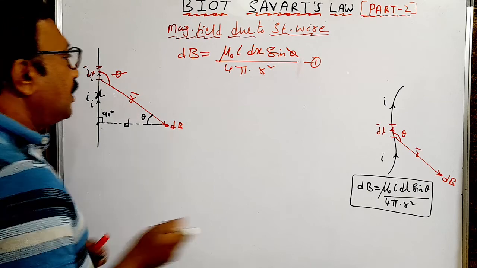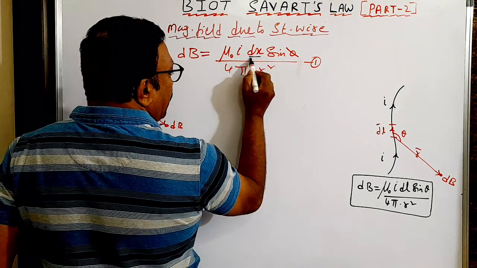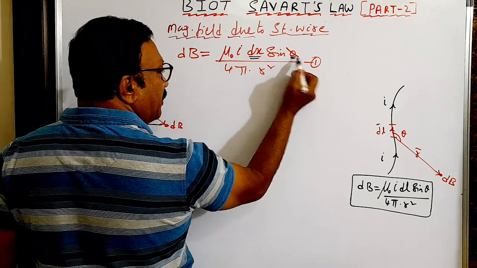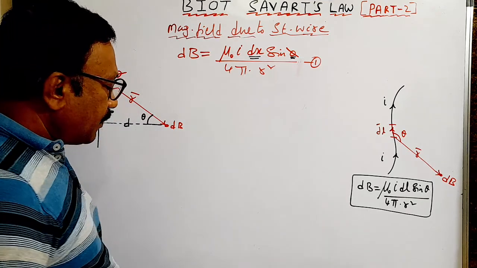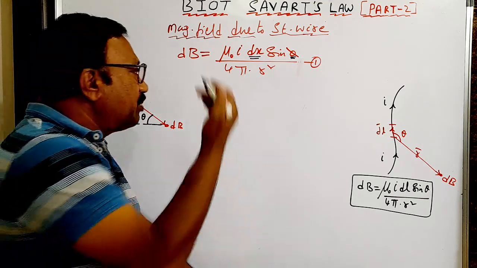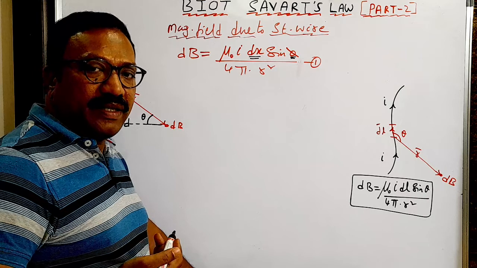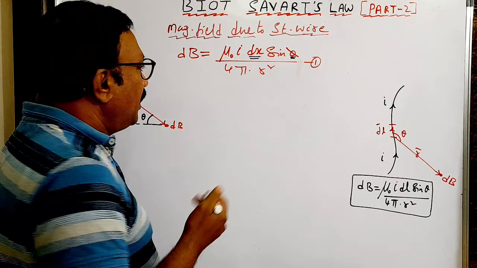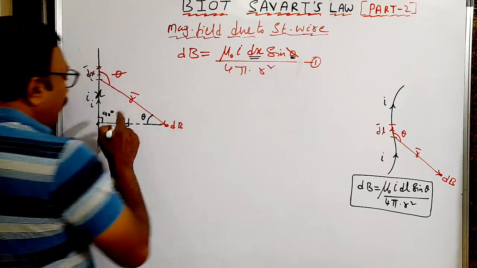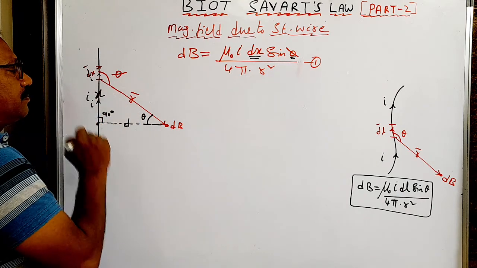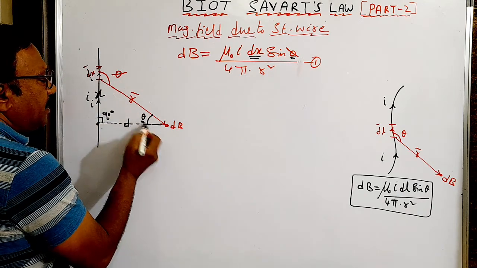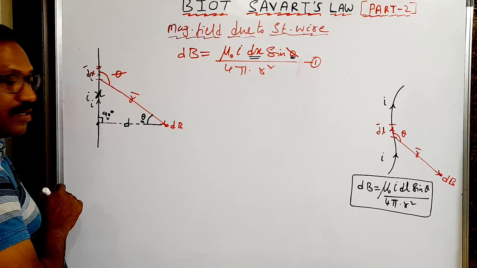So what I will do now is eliminate this dx and eliminate this phi. Why will I eliminate? Because I want to bring this equation to a form suitable for integration. Let us see. From this right angle triangle, the sum of the two interior angles is equal to the exterior angle.